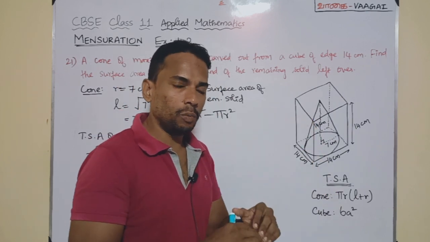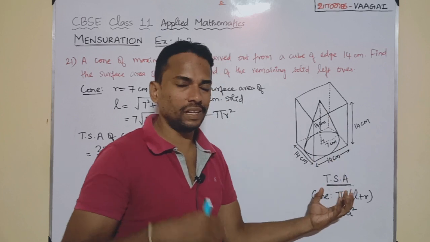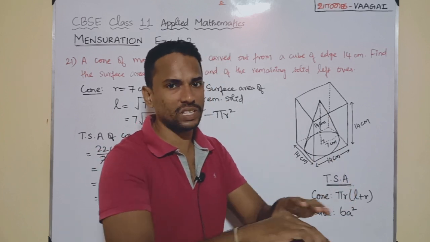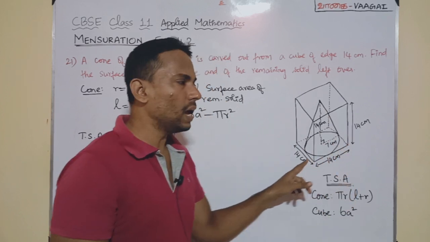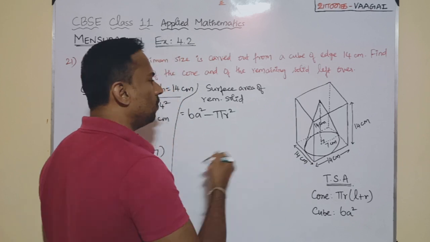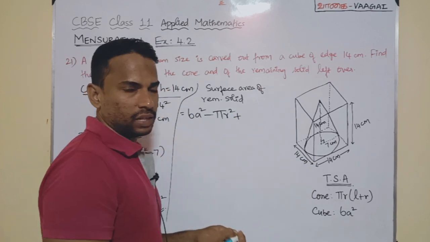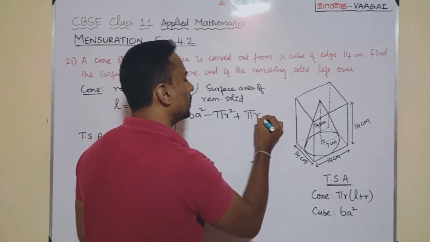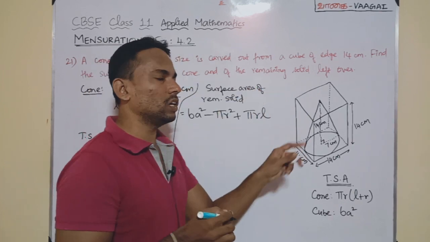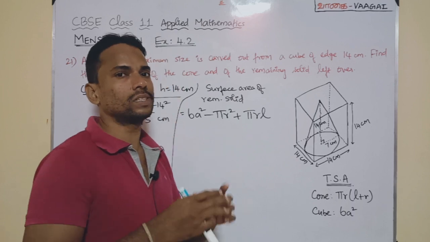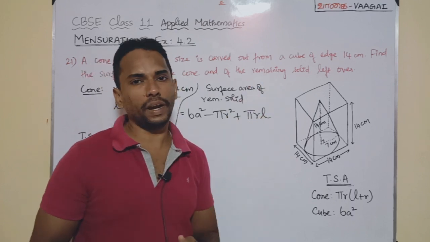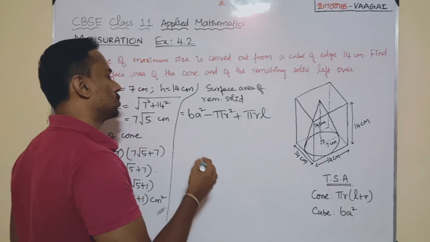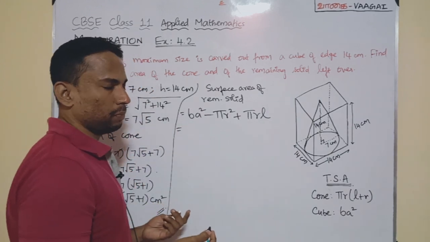That will be nothing but the curved surface area of your cone. That means additionally a curved surface area of the cone will be formed there, which is pi r l. So this calculation, if you do, will tell you the total surface area of the remaining solid which is left over. So now let's carefully solve for this. We will be able to get the answer.